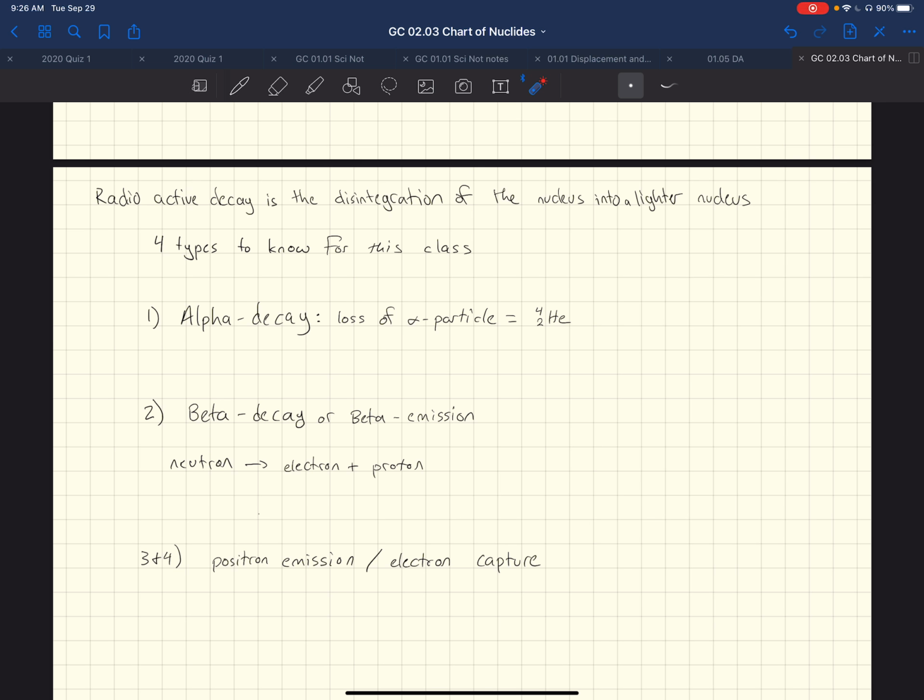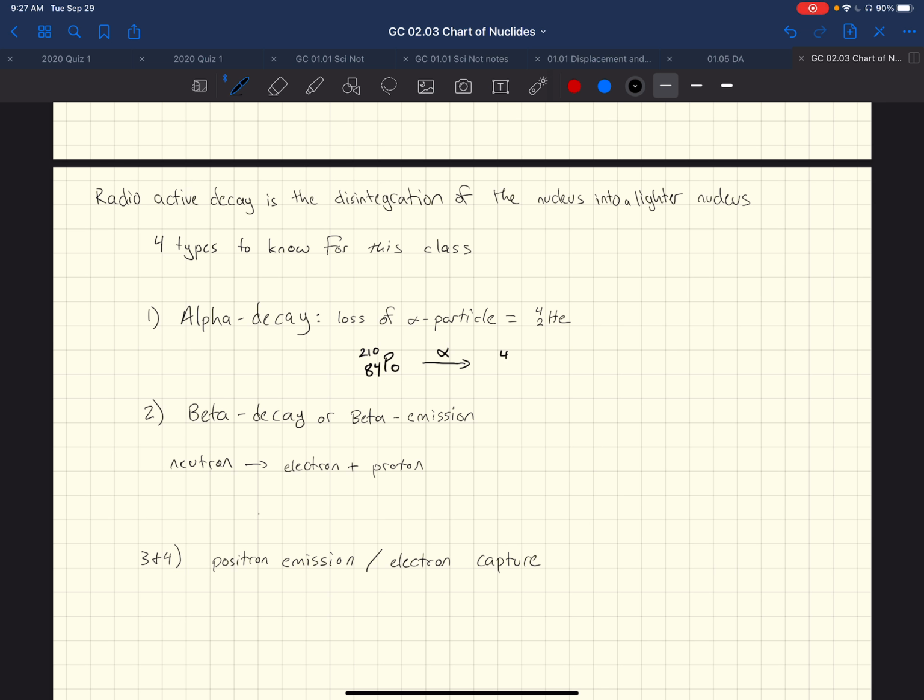Okay, so for example, I could have polonium 210, and that undergoes alpha decay. Okay, and I'm just going to indicate that this is alpha decay.